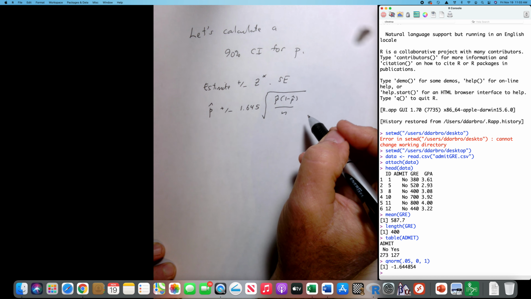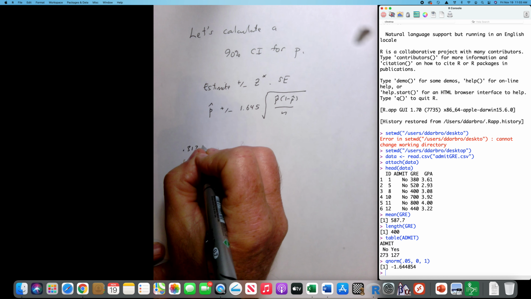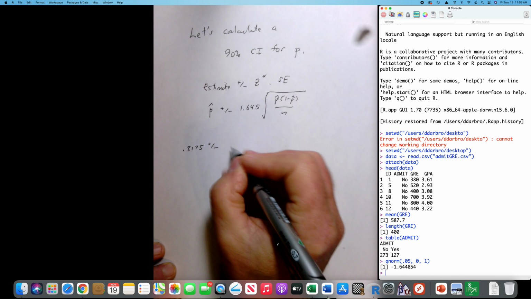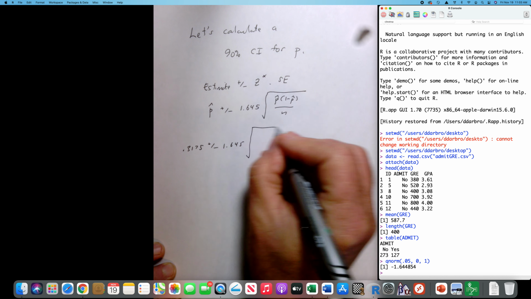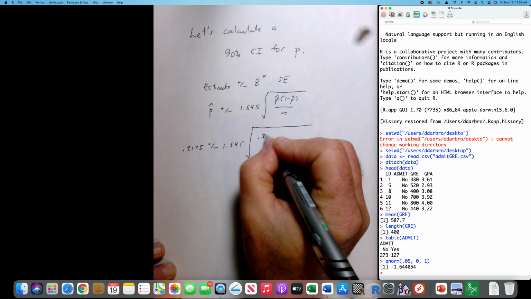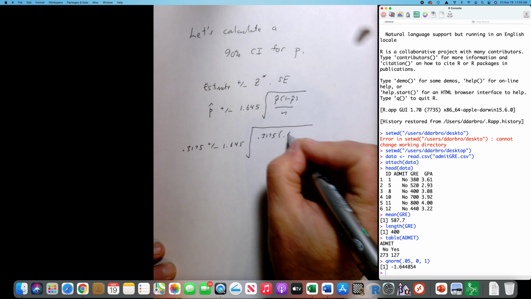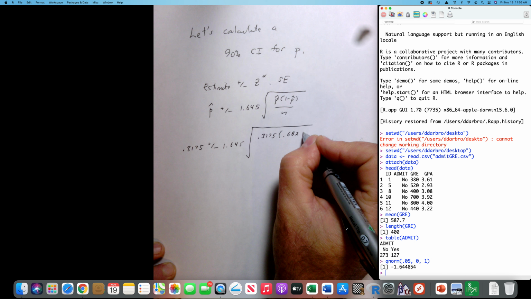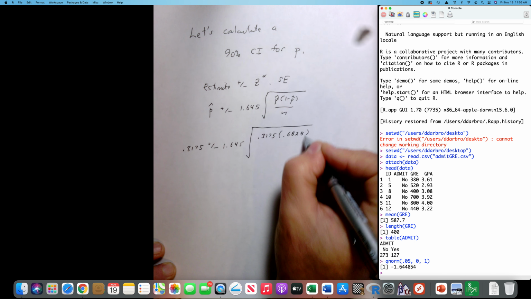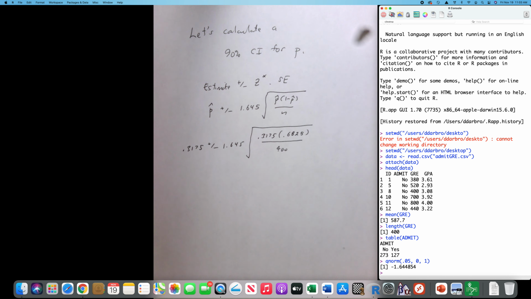So we know our P hat is 0.3175. 1.645, 0.3175, so this should be 0.6825, right? I hope so, over 400.